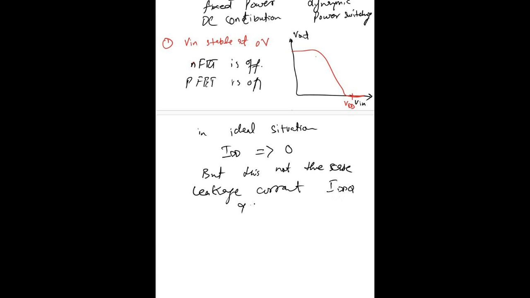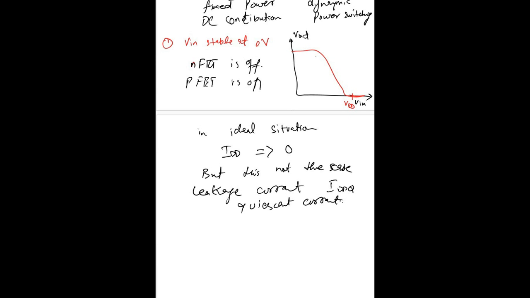Also, this can be represented by quiescent current. So this was the case when we are talking about the input voltage being 0 volts.